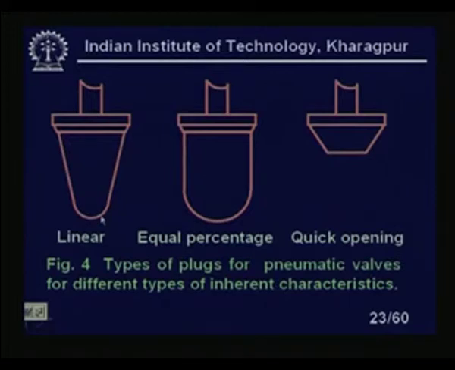Now you see, all this linear, equal percentage and quick opening depends on the type of plug, how you shape the plug, though the seat will remain the same. This is a linear characteristic, this is equal percentage and this is quick opening, right. So these three characteristics, the different shapes of the plug, will give us different flow characteristics in inherent valve characteristics, clear.